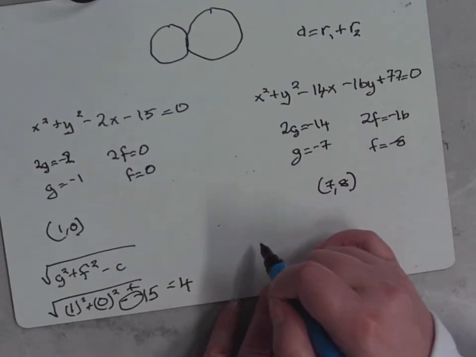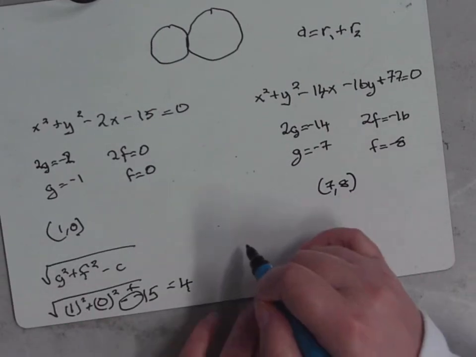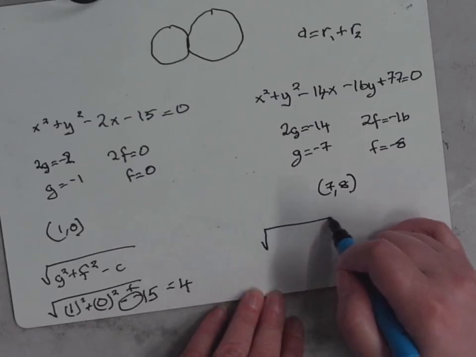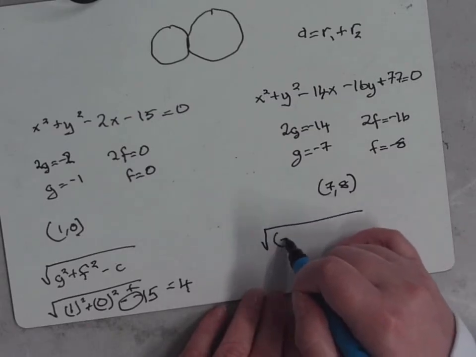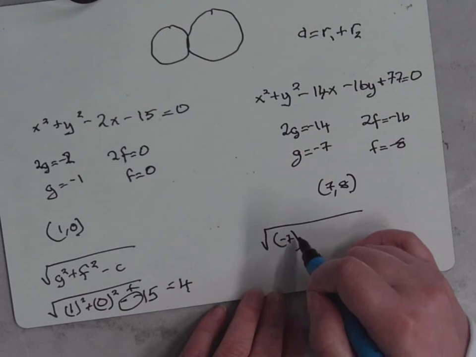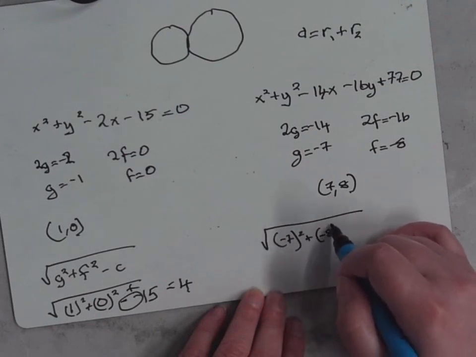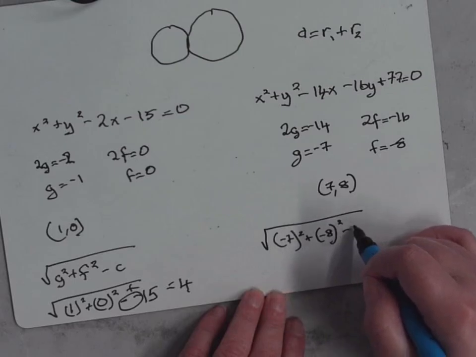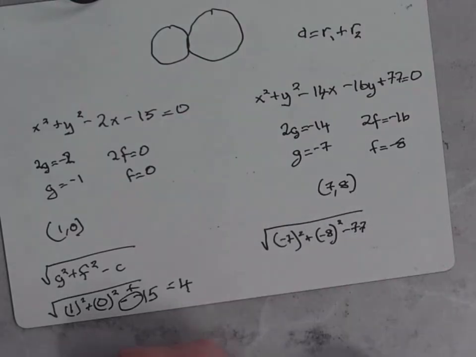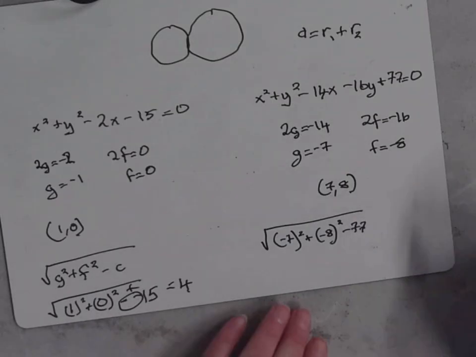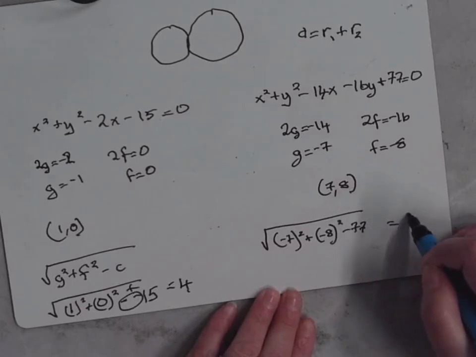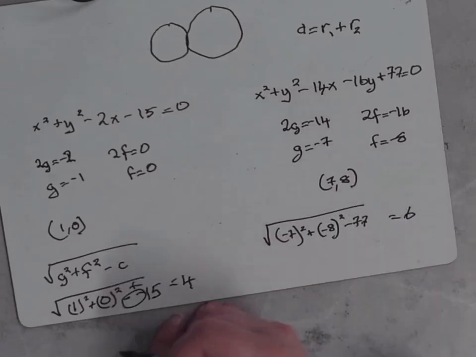Okay, the radius then is, I'll just fill it in over here. So it's g squared, which is minus 7 squared, plus minus 8 squared, minus 77. So that would be 49 plus 64 is 113, take away 77 is the square root of 36, which is 6. Is that okay?